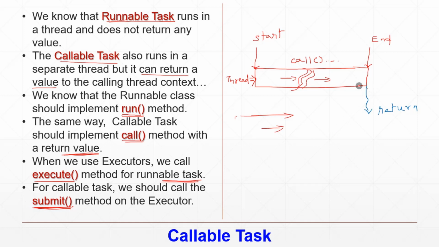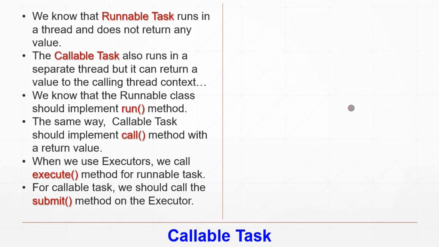Callable task will return a value, that we saw here. It's also a threaded task. There will be a start and end. Towards the finish of the thread, it will return a value to the invoker.